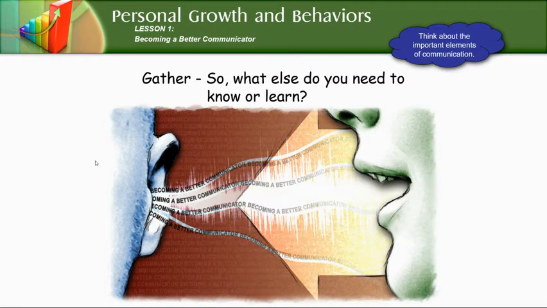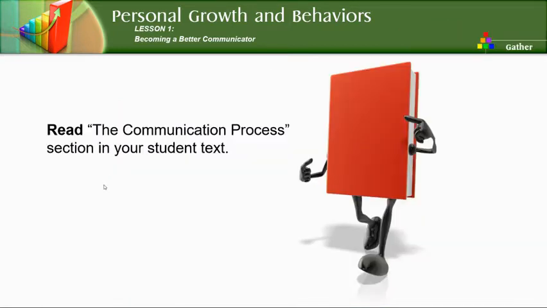A lot of people aren't effective listeners until they're taught some of the things that you need to do to become one. Okay, so if you read the communication process section in your test, now I've put it in the Google Classroom under the class drive folder, and I will show you where that's at.